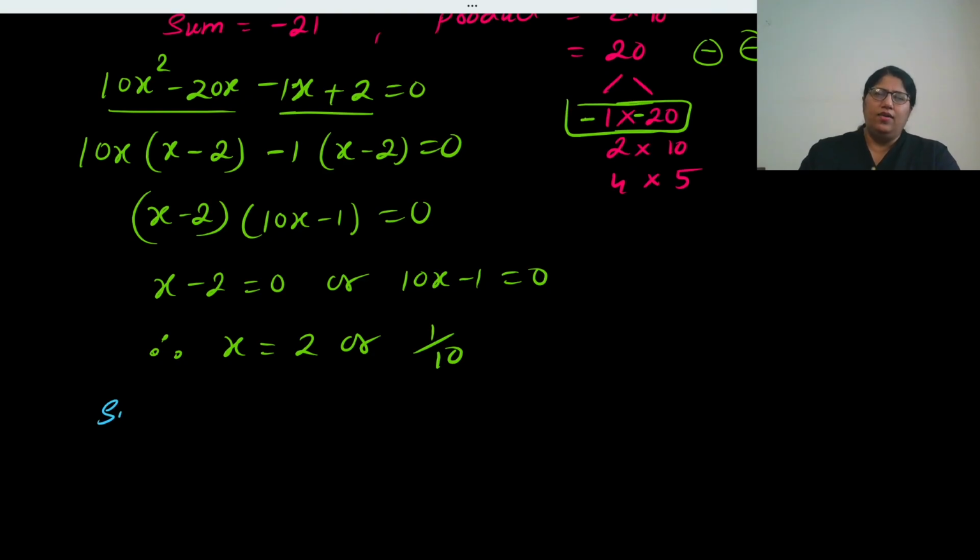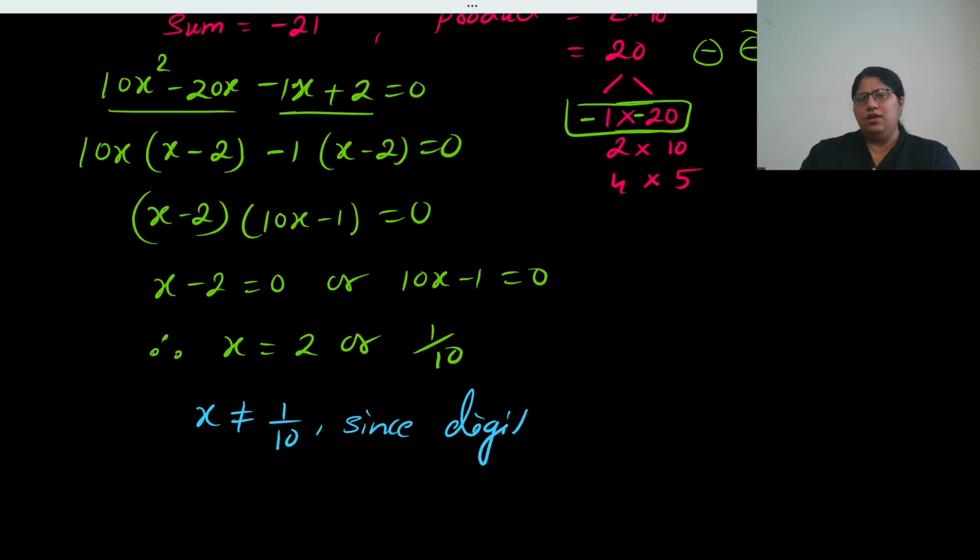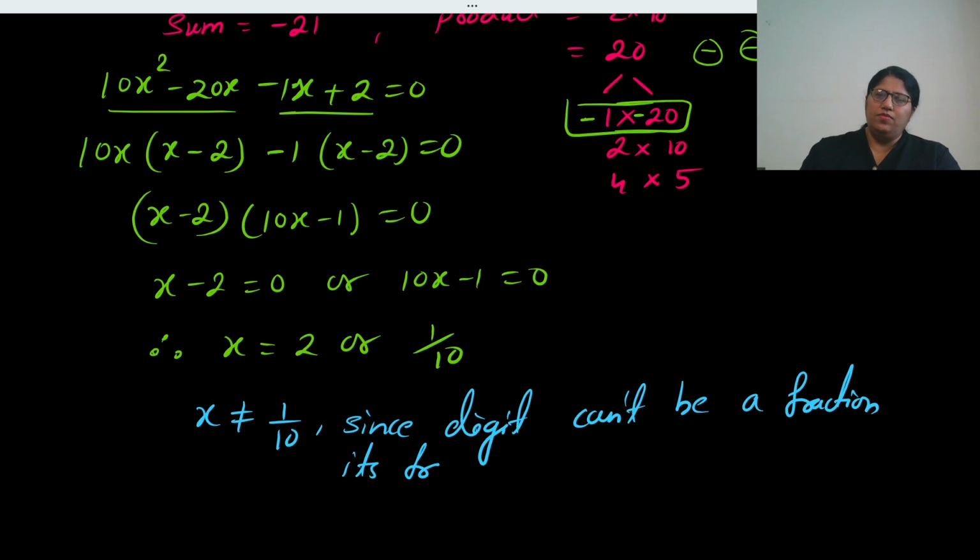So here you will write down that x cannot be 1/10, because a digit cannot be a fractional value. It's from 0 to 9, any digit, right? So therefore, what is the value here?